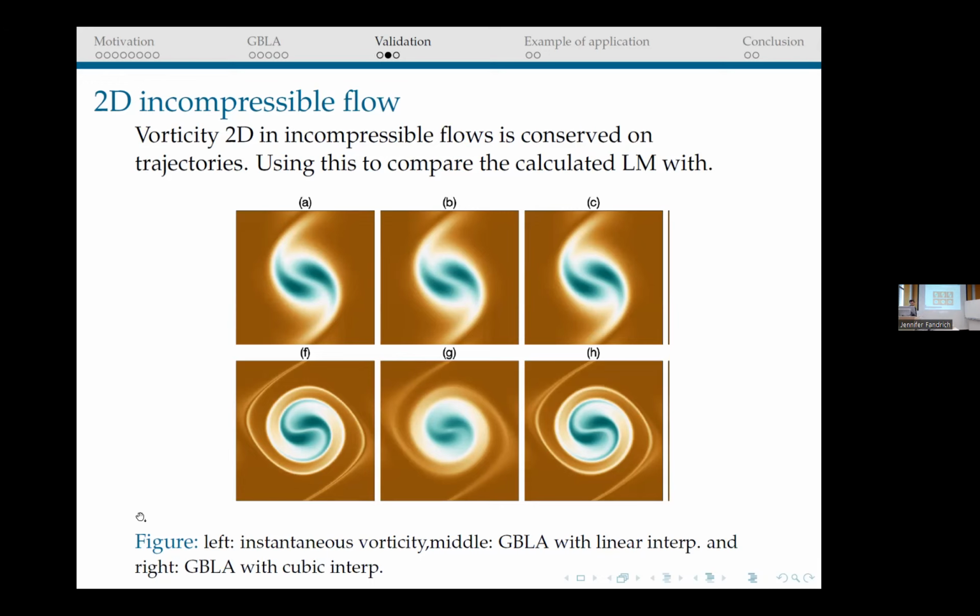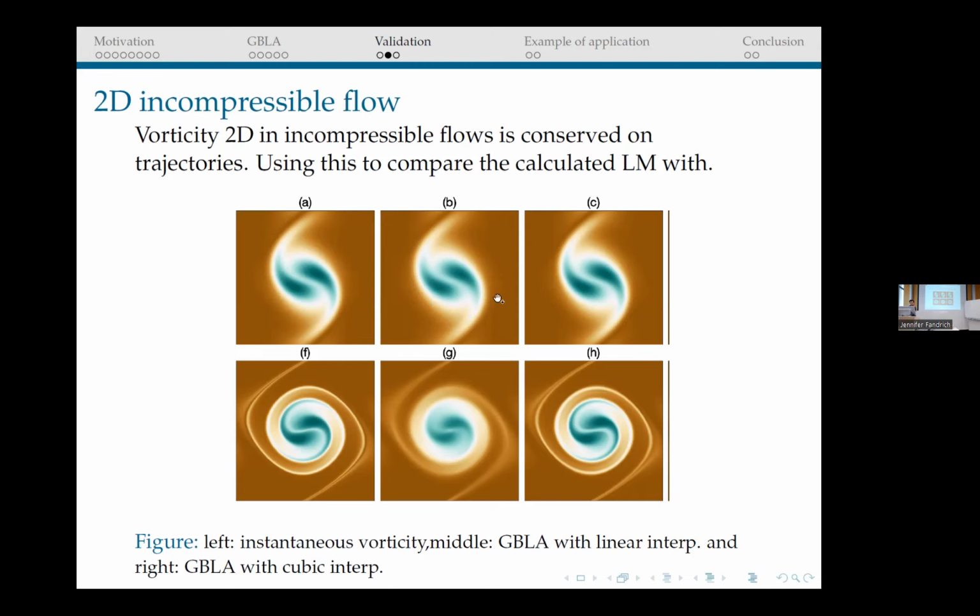So to the left, I'm showing you the instantaneous vorticity field, and then I expect my Lagrangian mean to be the same as that. I started with two like-sign vortices, and at some early steps, I'm showing you in the top row, and then much later is the bottom row.